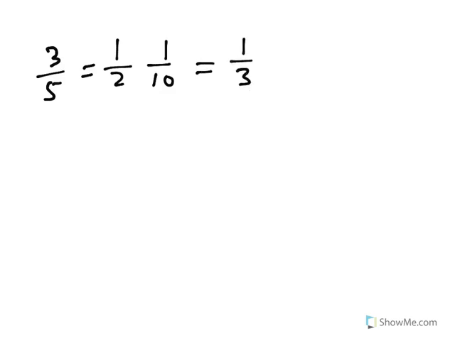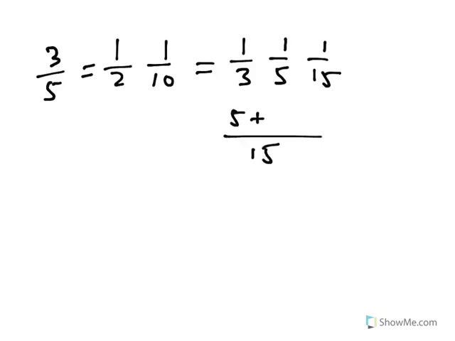I mentioned before that these unit fractions are a bit confusing because 3/5 could be written as 1/2 plus 1/10, but here's another representation of 3/5. 1/3, 1/5, and 1/15. If you don't believe it, change these into 15ths.